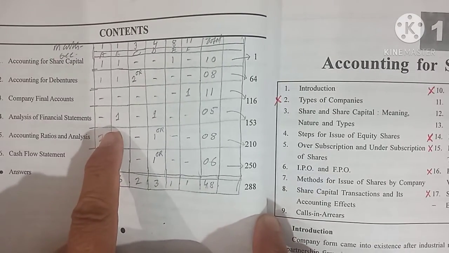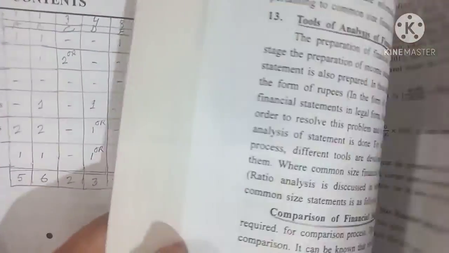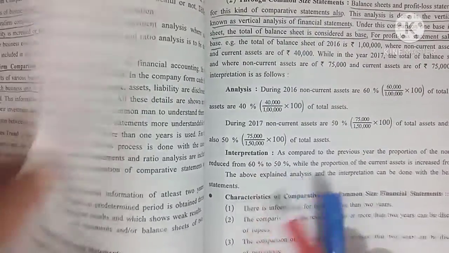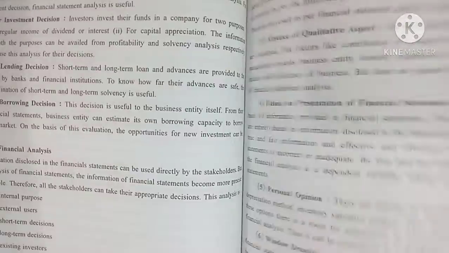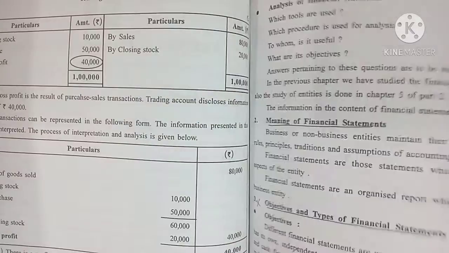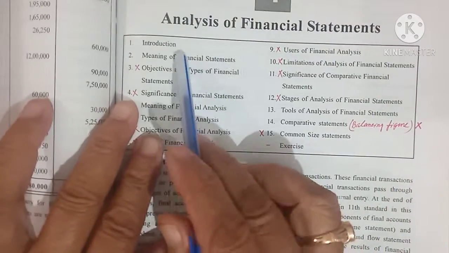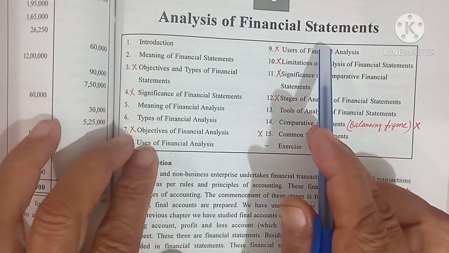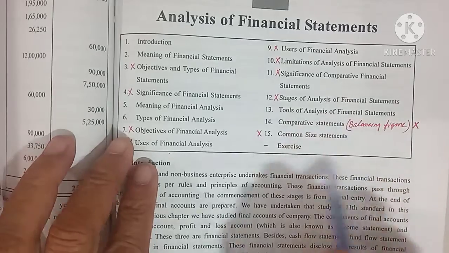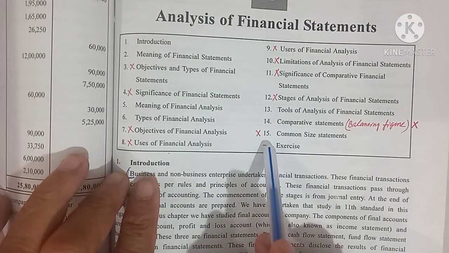So let us start with page number 153 of Chapter 4, according to your textbook, Analysis of Financial Statement. In this chapter you have a total of 15 points.